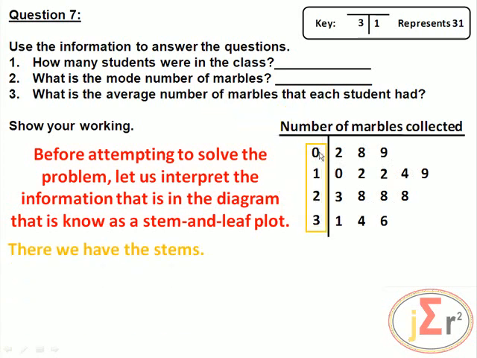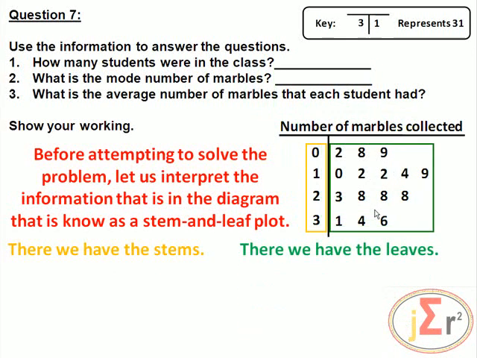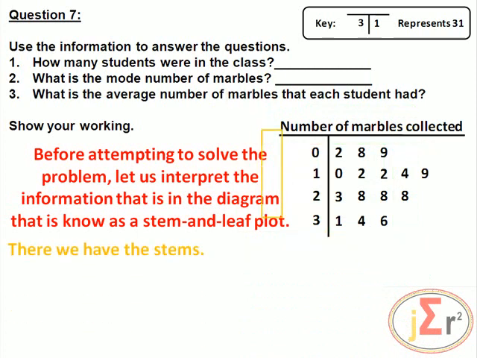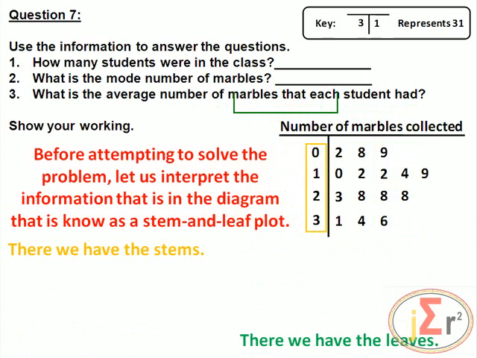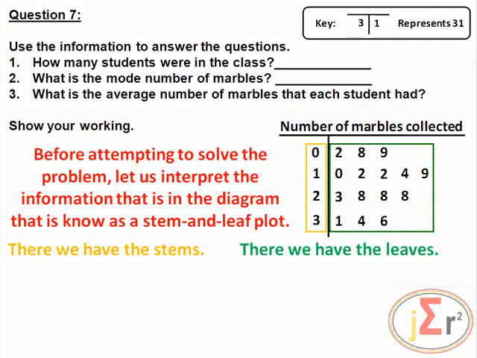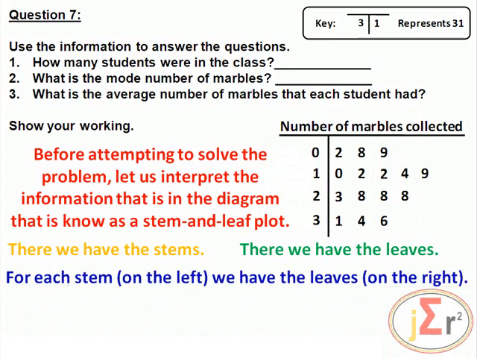So on this side we have the stems. On the other side we have the leaves, stem and leaf. There we have the stems. There we have the leaves. For each stem on the left we have the leaves on the right.